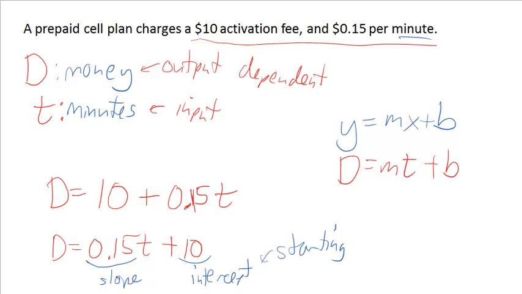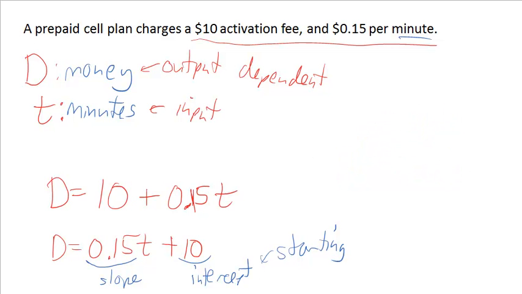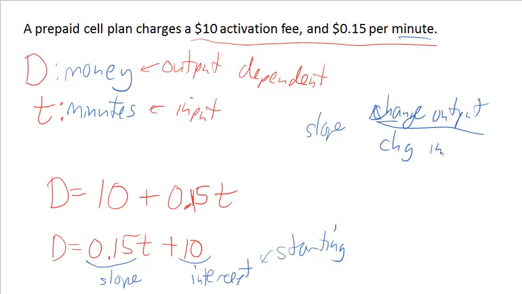And then slope, remember, talks about rise over run, or output over input. So slope, you might remember, is change in the output over a change in the input. And what are the units on our outputs?